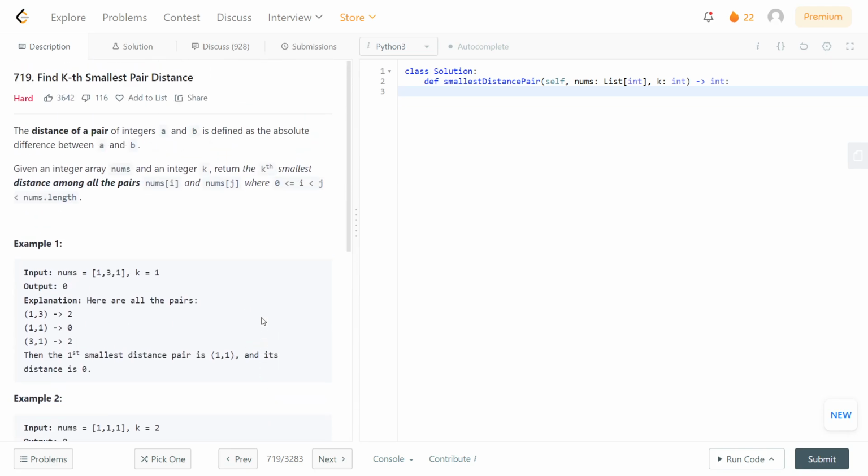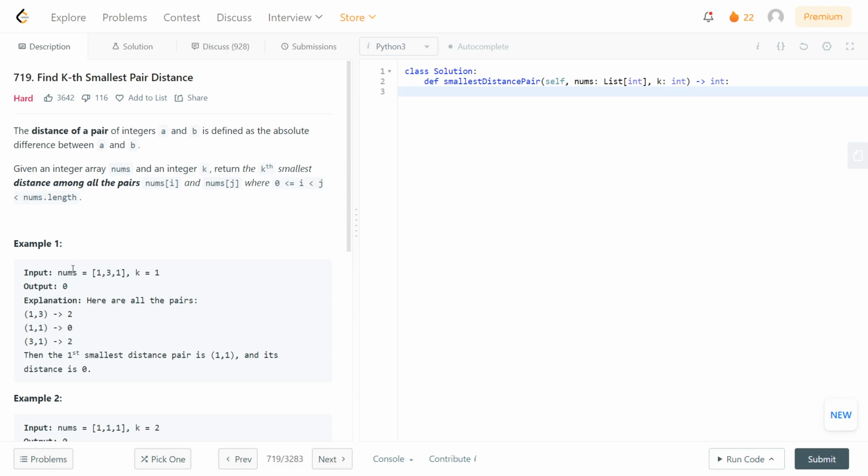So there is a brute force approach that seems straightforward. We find all the pairs: first element 1, then 3 and 1, then the second element, 3 and 1, and that's it. Then we get the distances between them, the absolute differences, sort them and take the kth.